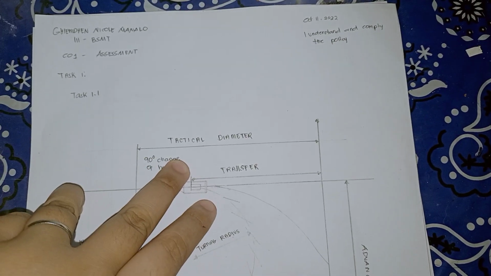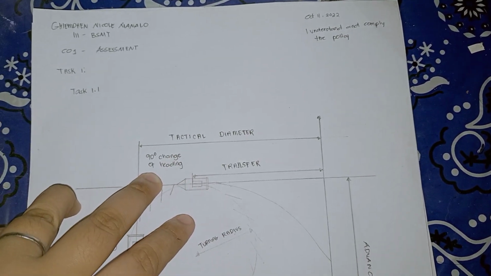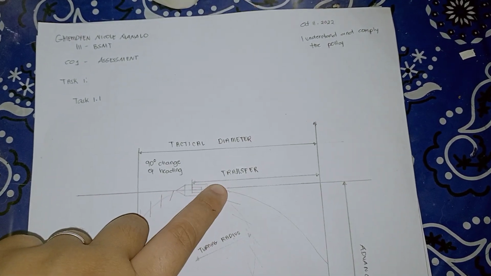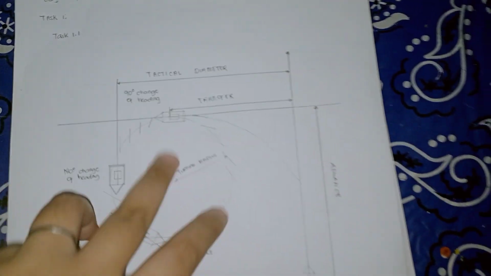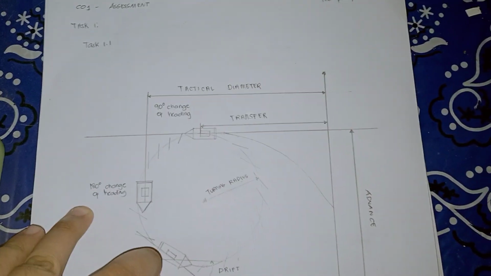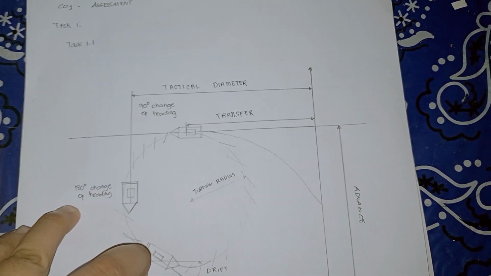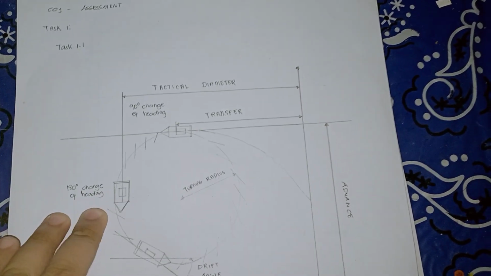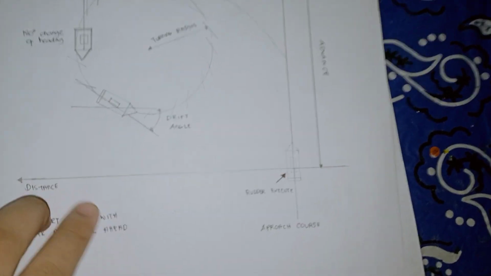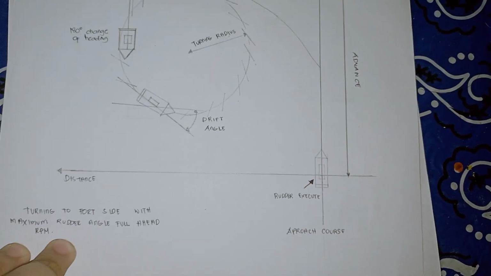We have the tactical diameter, 90-degree change of heading. We have transfer, our turning radius, 180-degree change of heading. We have drift angle, advance, rudder execute, approach course.